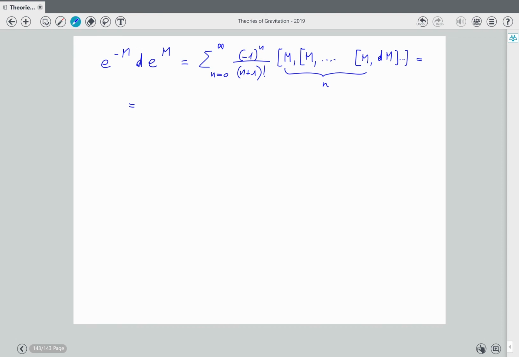You can just write the exponentials as series and check this formula.